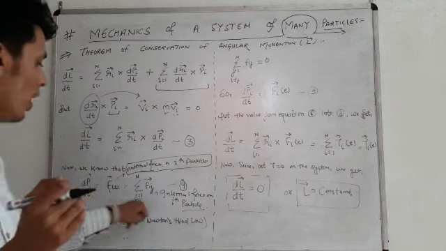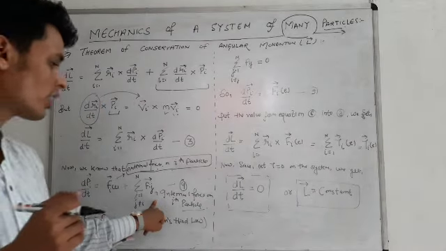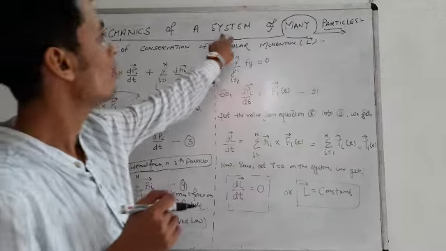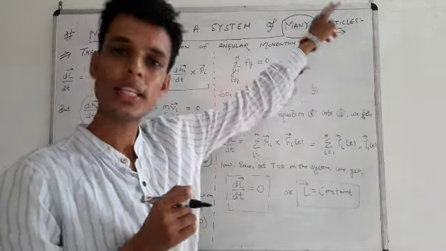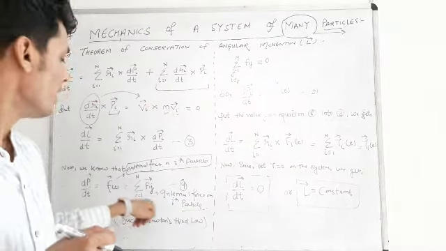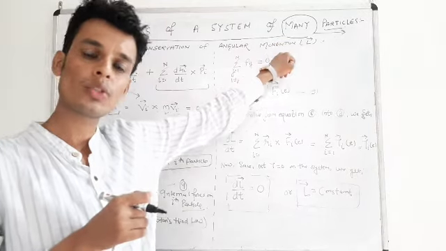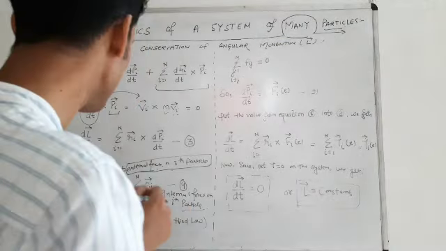This is according to Newton's second law. We have discussed this in the mechanics of a system of many particles, and also in the theorem of conservation of linear momentum. So I don't think we need to discuss this further.